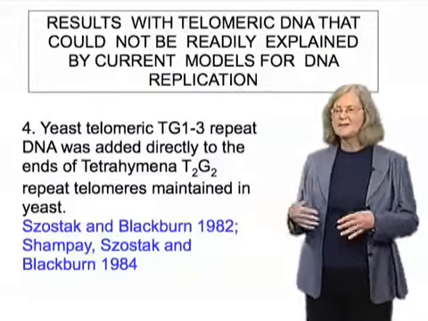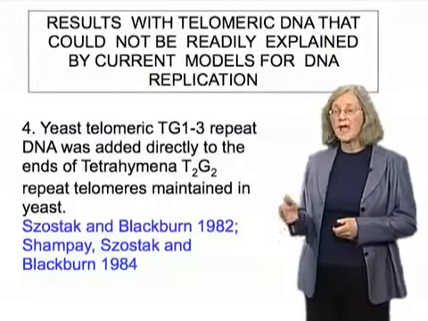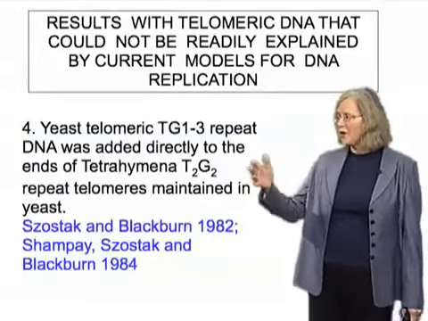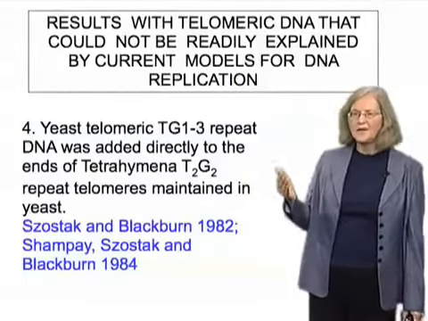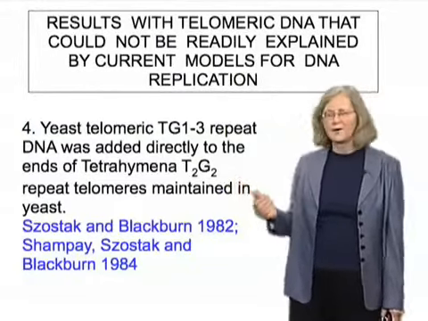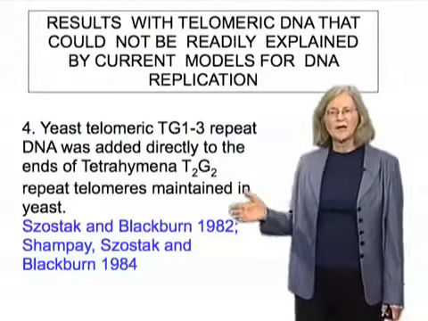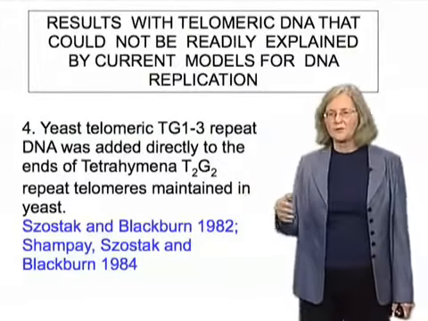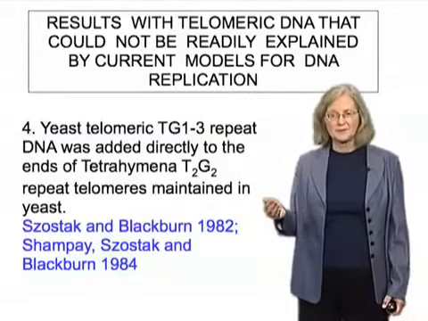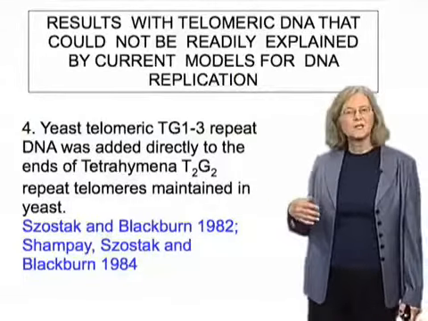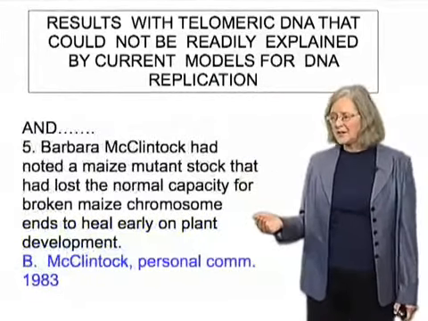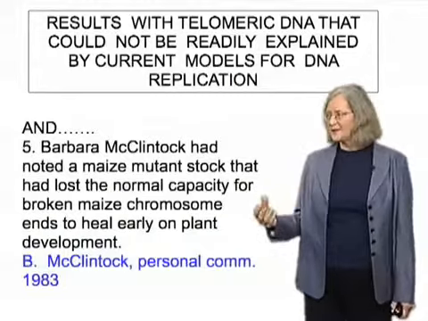These were maintained in yeast cells as linear mini-chromosomes, and yeast telomeric DNA repeats were grafted on somehow inside the yeast cells to the ends of the Tetrahymena telomeric repeats. And that didn't look like a reaction one would expect from standard known models of DNA replication or recombination. All of these suggested that perhaps there was some capability of cells to add telomeres.